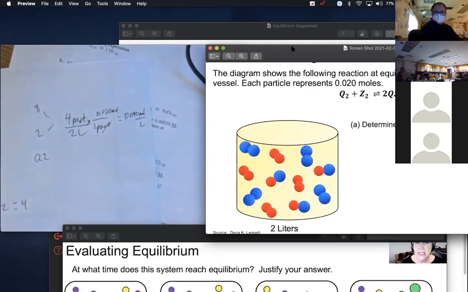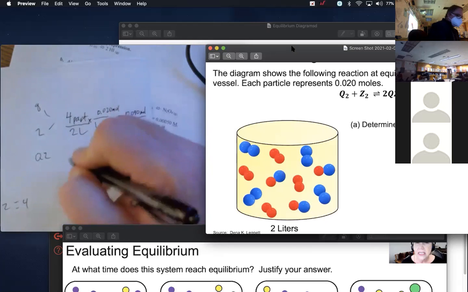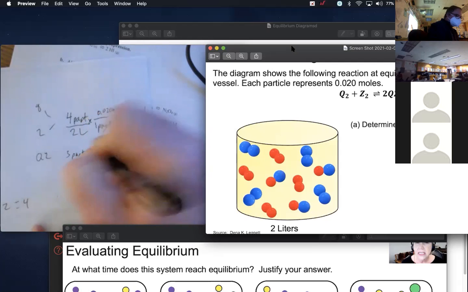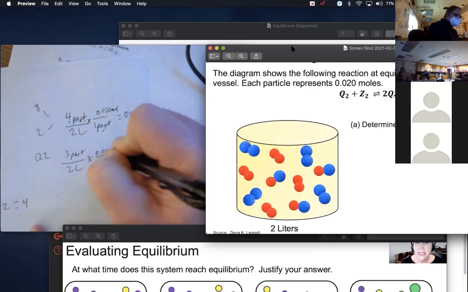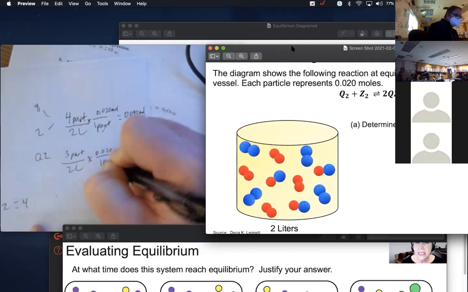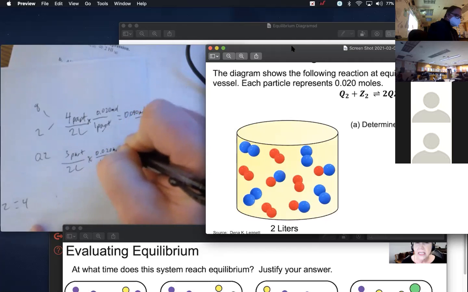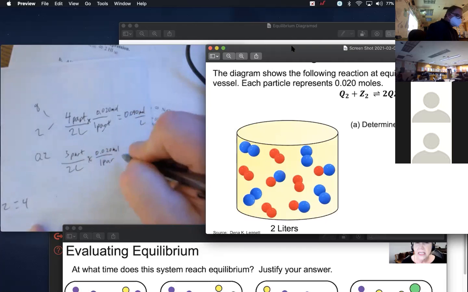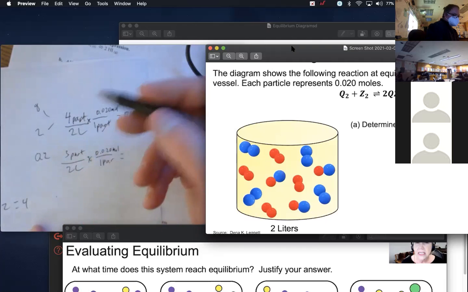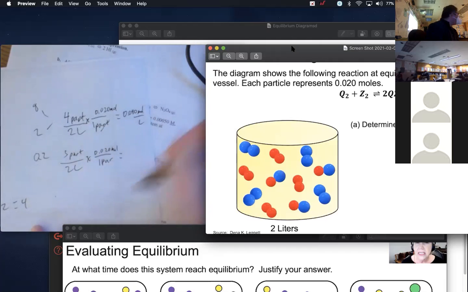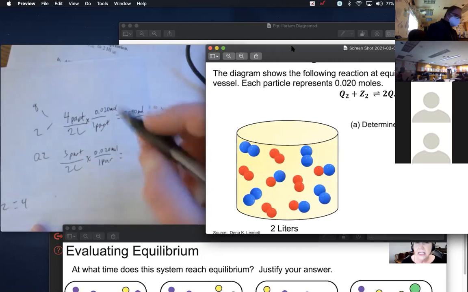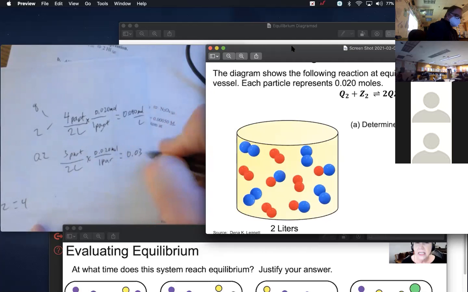And how many QZs are there? 3. So we have 3 particles per 2 liters. Every 1 particle is 0.020 moles. What do we get there? 0.06 divided by 2 would be 0.03, right?